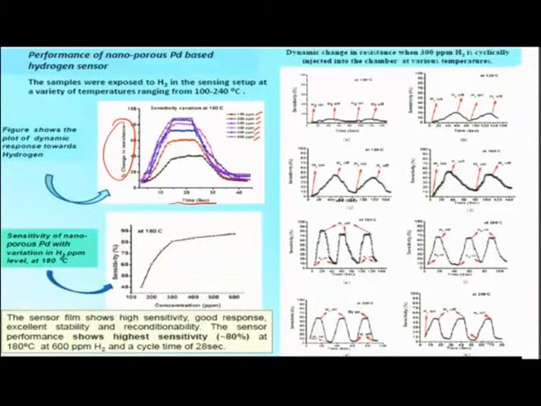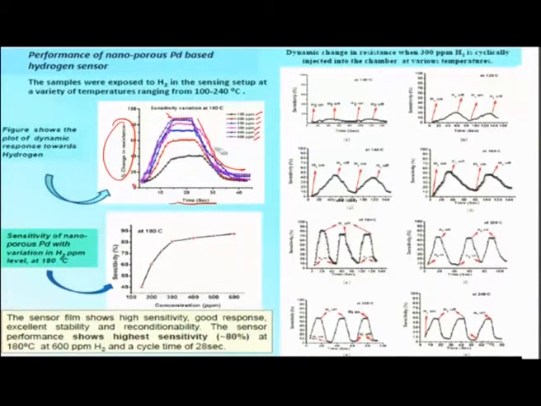You can see that as hydrogen is introduced in the chamber from zero concentration to some different concentration, there is an increase in the resistance, and then there is a plateauing effect, meaning that hydrogen is no further diffusing into the element and it is stabilized in terms of its environment. Then it falls down as the hydrogen is switched off and the carrier gas comes and occupies the place of hydrogen. So this way we have done various plots for different ppms of hydrogen.